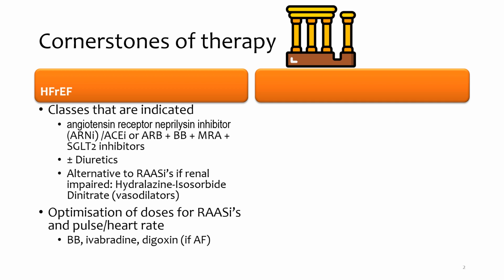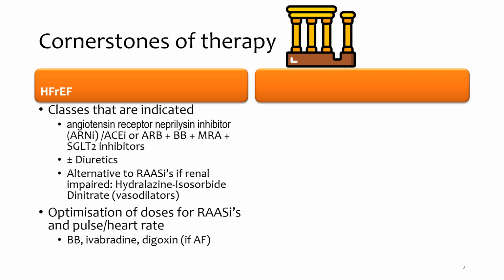Now, there are alternatives to the RAAS agents if the renal impaired population needs to be treated. As you would imagine, the ACE inhibitors and ARBs are mainly used as vasodilators. And this is what we need in heart failure patients because they are highly vasoconstricted due to the neurohormonal cascades, right? So if you cannot use a RAAS agent, then you'll be thinking you need to use something with a vasodilator effect. And that's where hydralazine and isosorbide dinitrate come in.